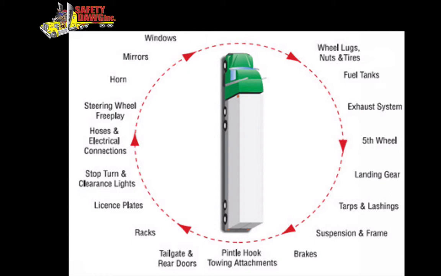The inspector may also ask you what the communication process is between the driver and the company. How does the company know about a defect? Is it a defect or is it a major defect? If it's a major defect, of course, the vehicle cannot proceed until it's repaired.